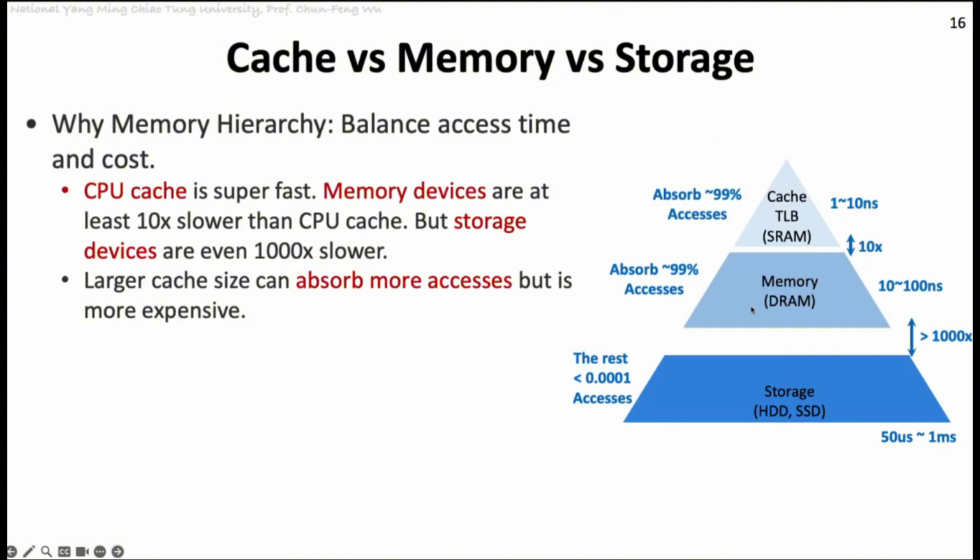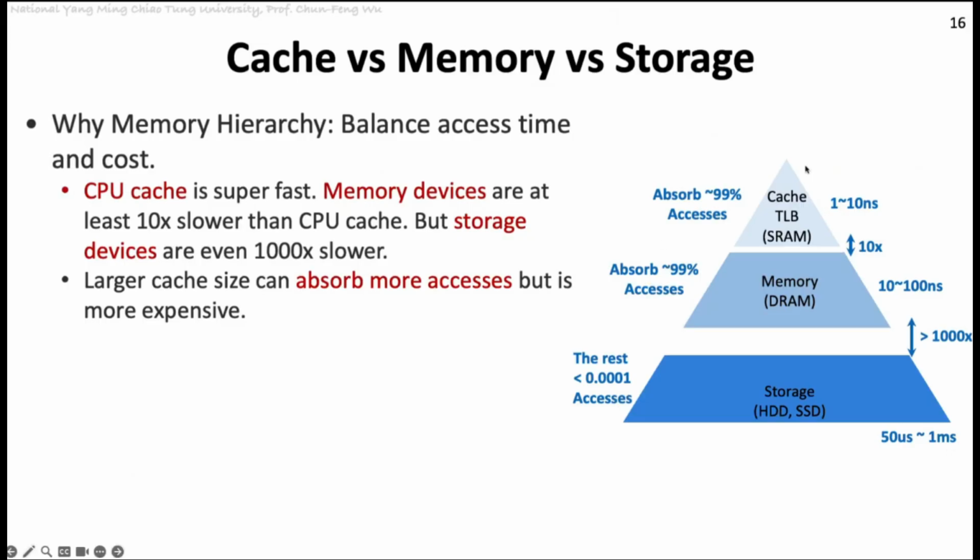Among this 10%, around 90 to 99% will be absorbed by the memory. So only very few accesses will go to storage, about 10 to the -4. Usually only one request among 10,000 instructions will really go to storage.